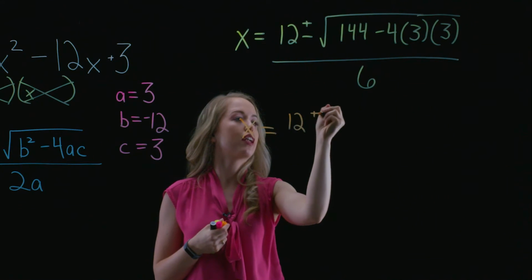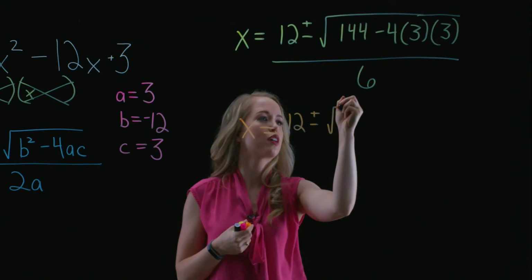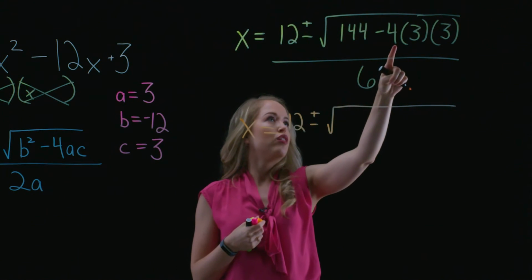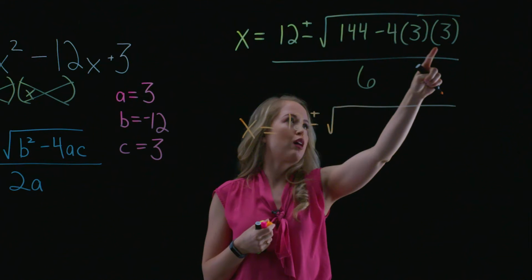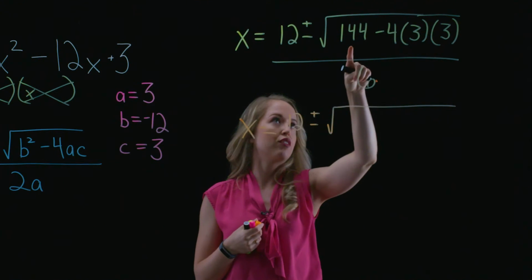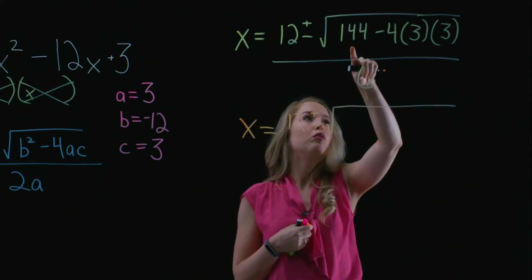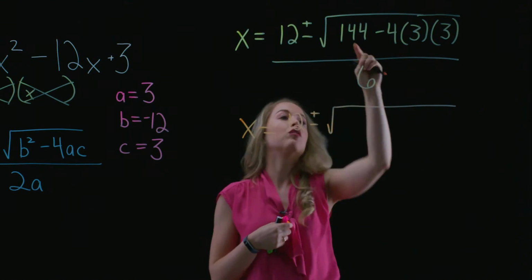In my numerator, again, I've got 12 plus or minus, and let's see what we wind up with under this radical sign. 4 times 3 is 12, times another 3 is 36. I have 144 minus 36, which I might just plug into a calculator and get 108.